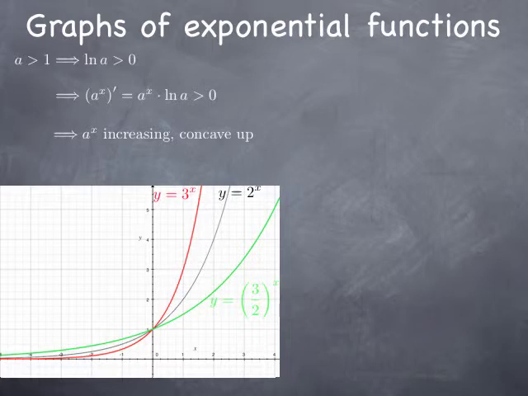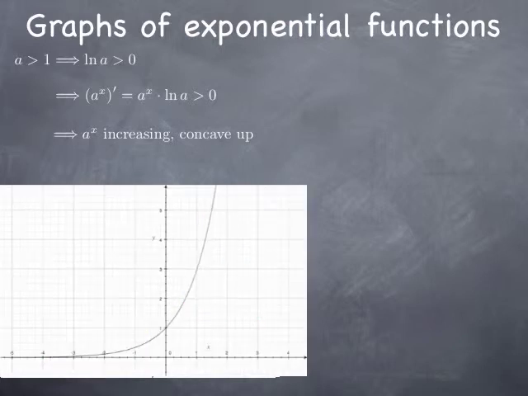Now let's look at an animation of what would happen if we start with a positive a and graph a to the x, and then let a decrease towards 0. So here we have a fairly large a, I think 3 point something, and you see that the graph is moving as a is decreasing.